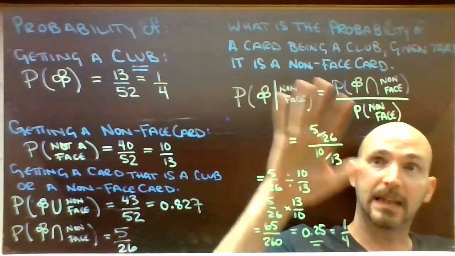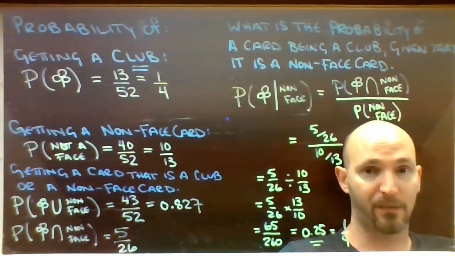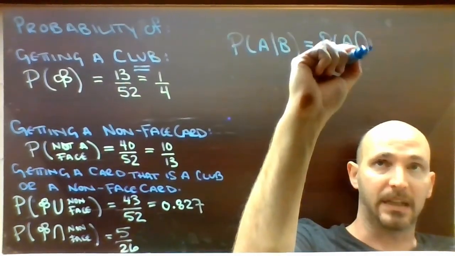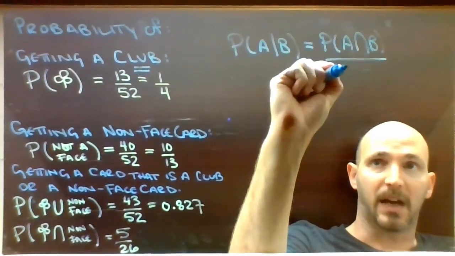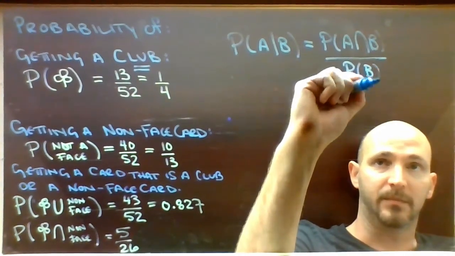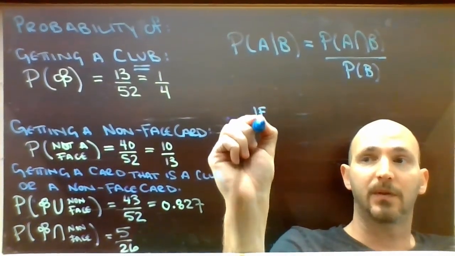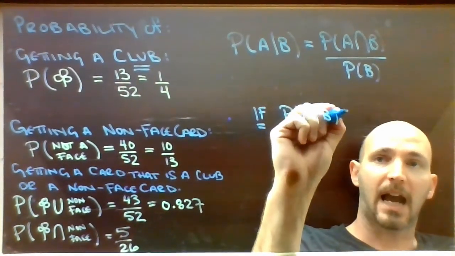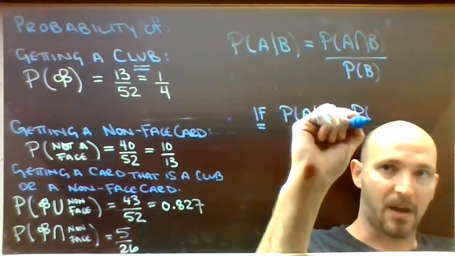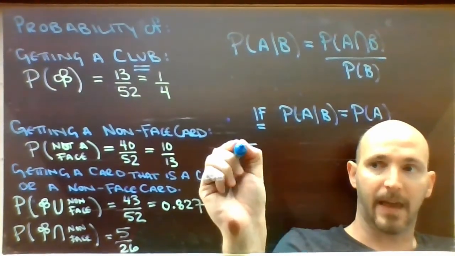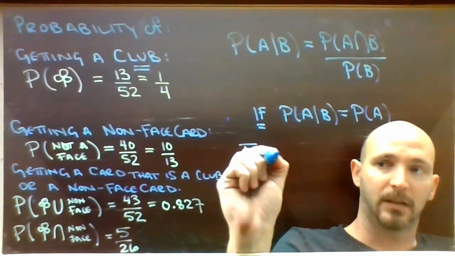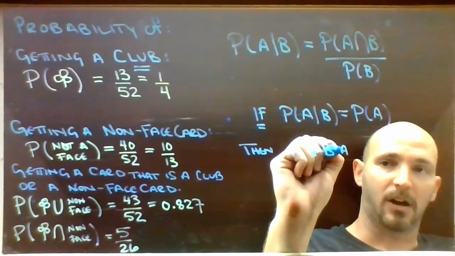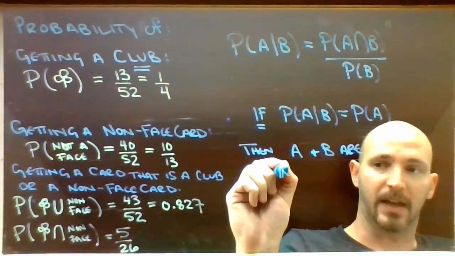So I'm going to take this idea and I'm going to write it down as formulas so you have something to look at. The probability of A given B is the probability of A and B divided by the probability of B, and if the probability of A given B happens to equal the probability of A, then A and B are independent events.